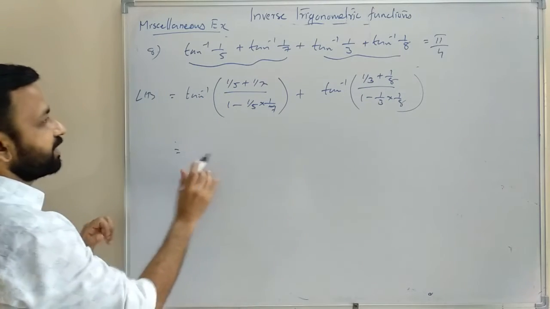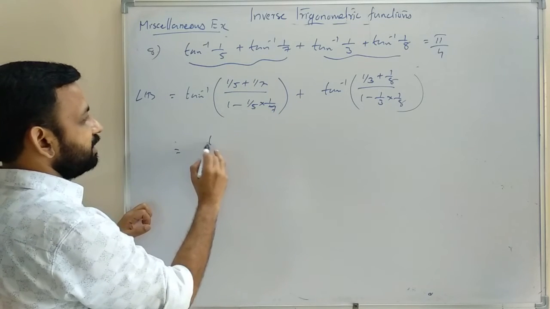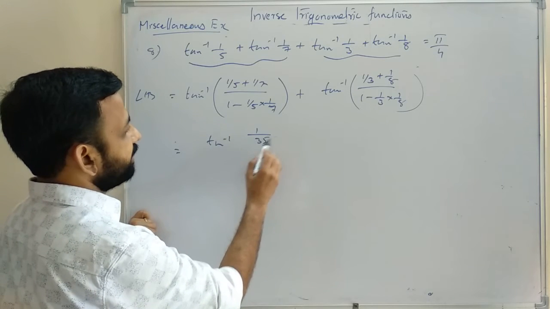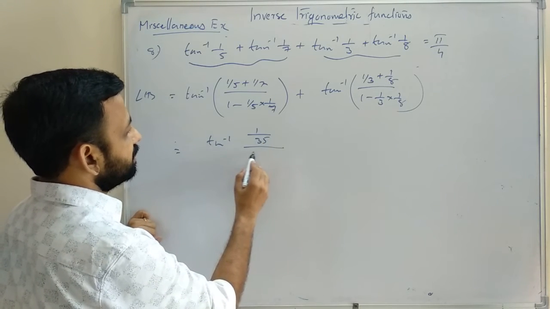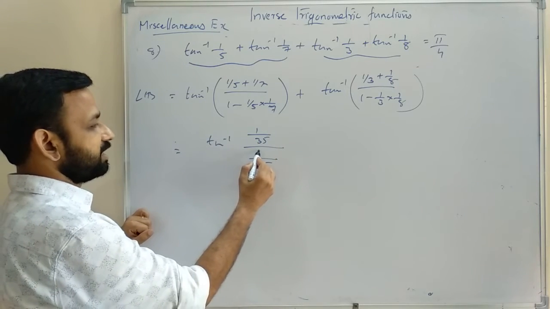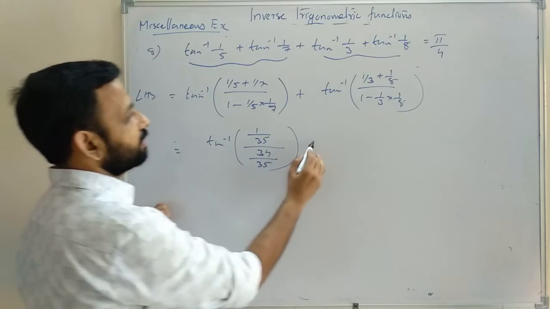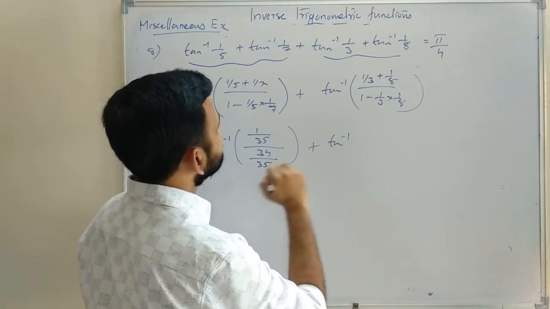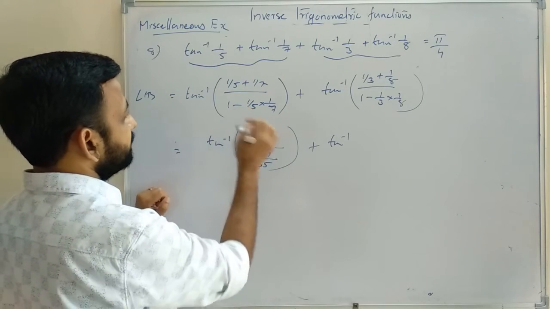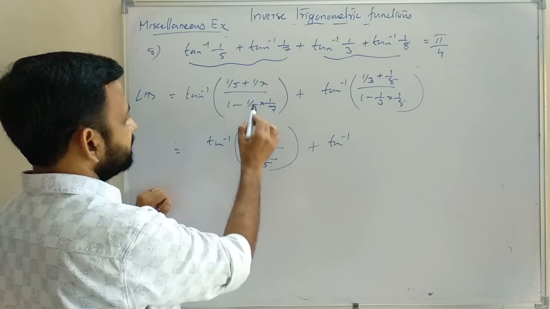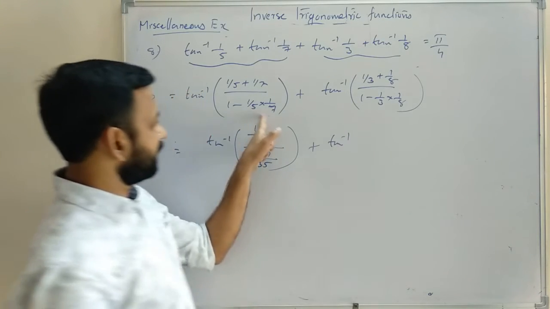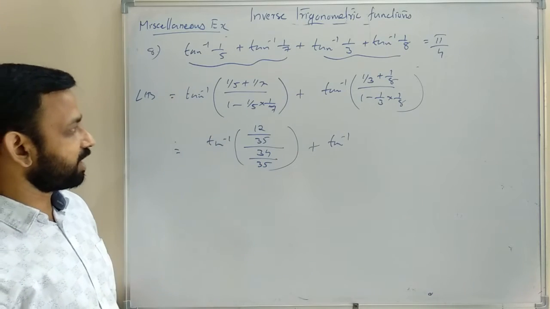When we simplify, we get, with LCM 35, numerator 7 plus 5, 12, and denominator 35 minus 1, that is 34.